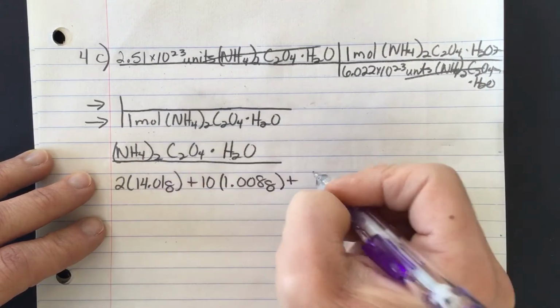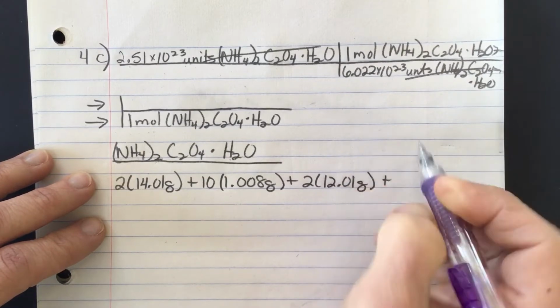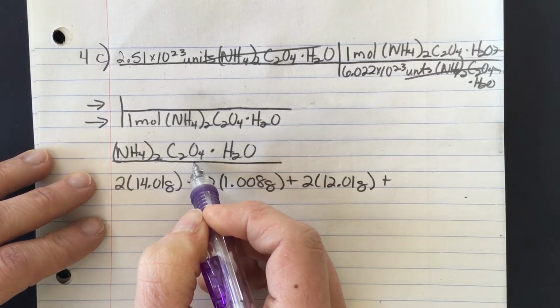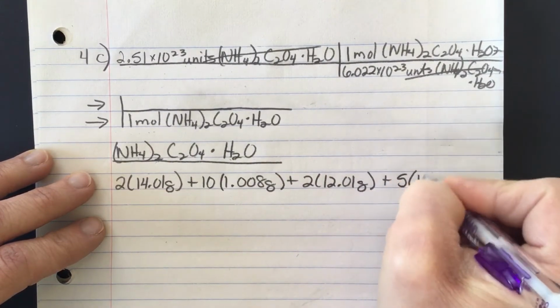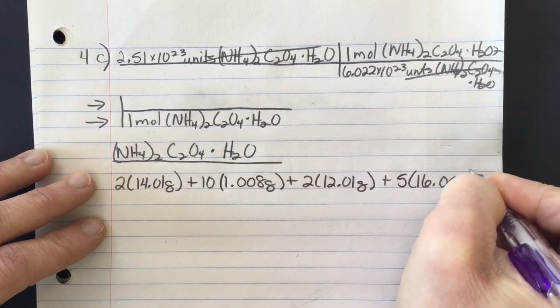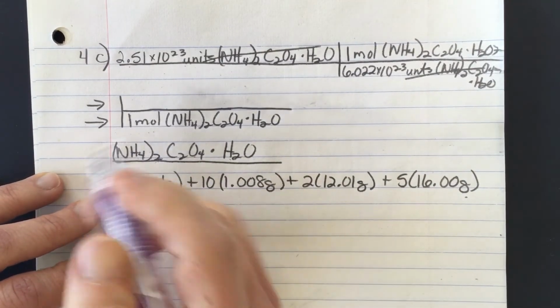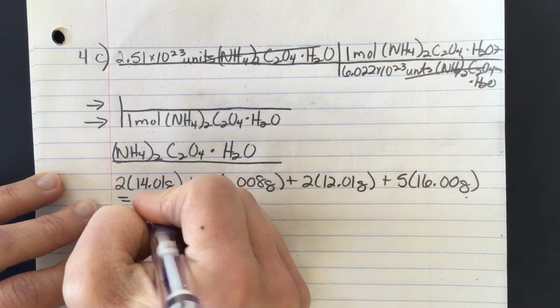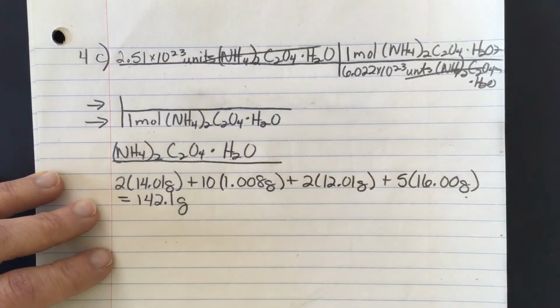Carbon, 2 of those, so 2 times 12.01 grams. And oxygens, I have 4 here, 1 here, for a total of 5 times 16.00 grams. So when I do all of the arithmetic, I get 142.1 grams.